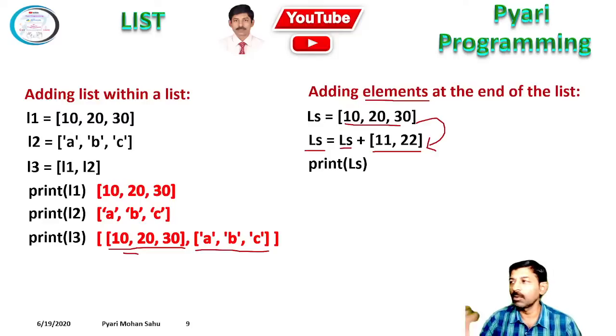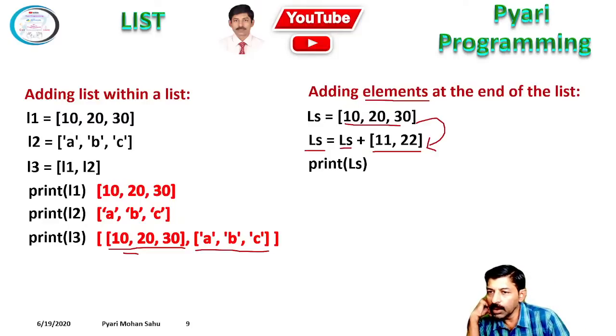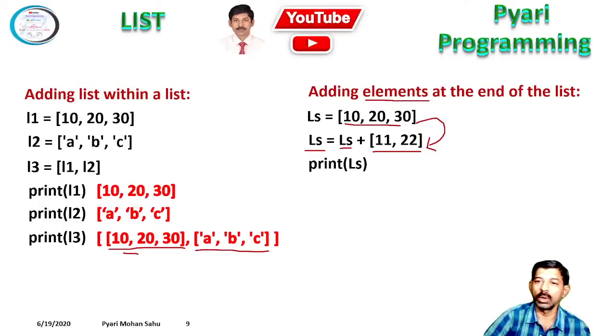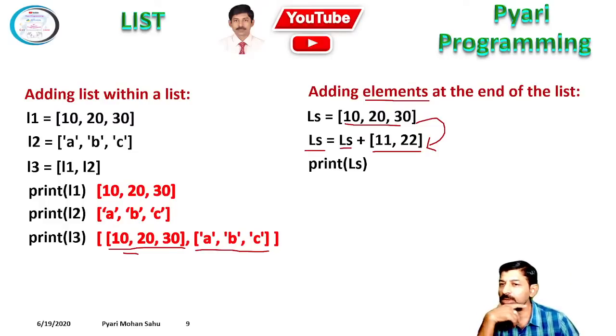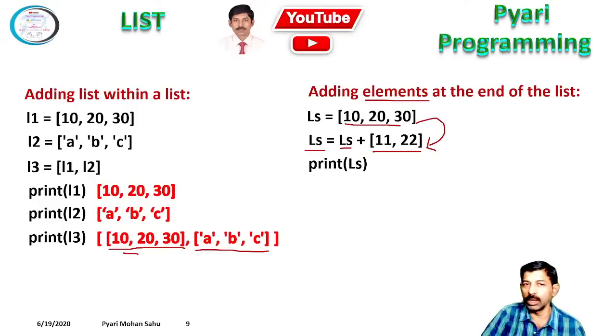Now yes, tell me what will be the output in this case when I'm saying 10, 20, 30, 11, 22. Good. What about others? Yes. Now can you tell me why it is not keeping the things in two different lists? Why is it adding 11 and 22 at the end? Why is it not keeping it as a list?